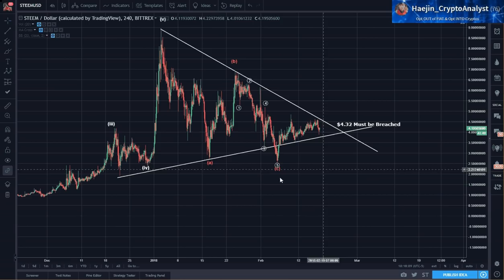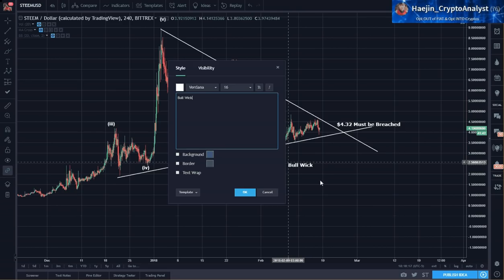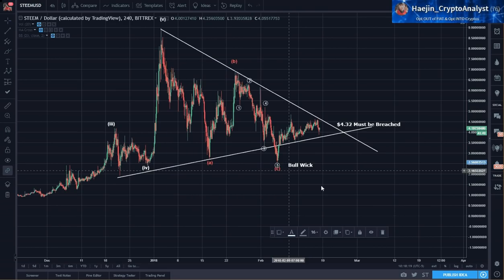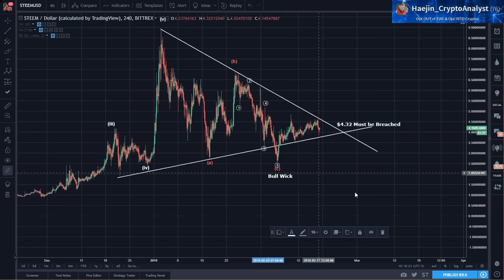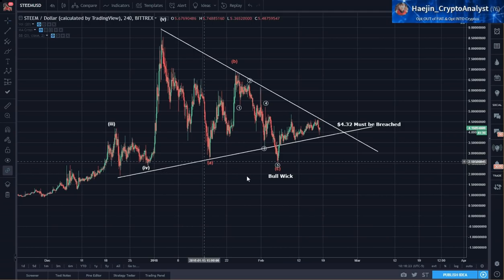So here we have a bullwhip. It pierced this trend line and came right back in.